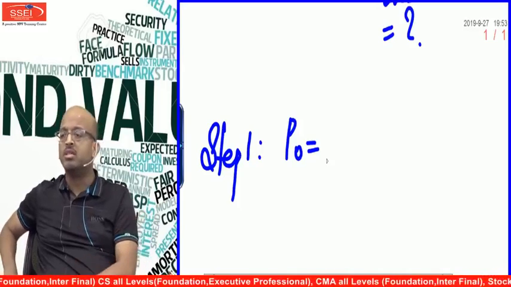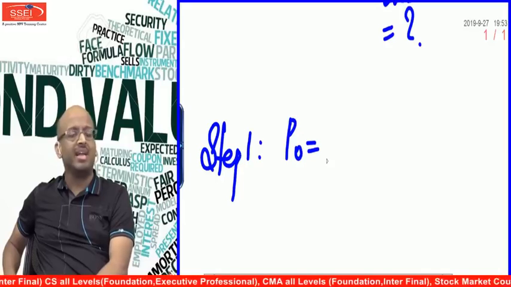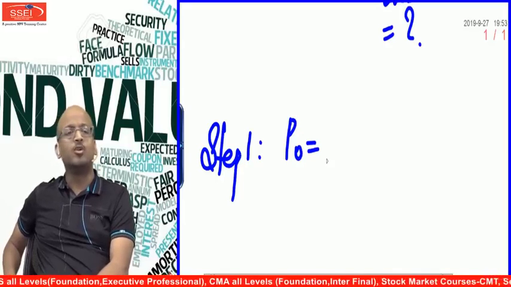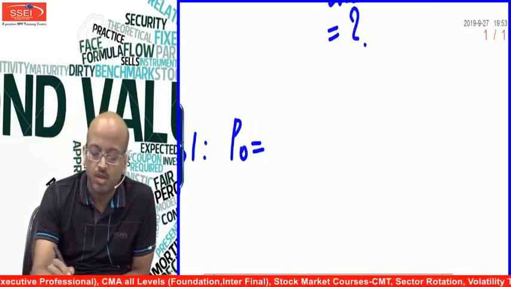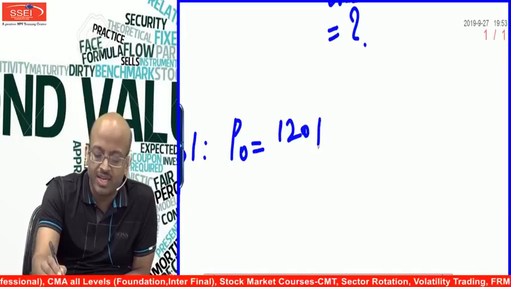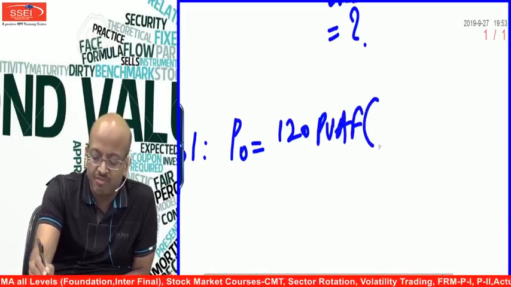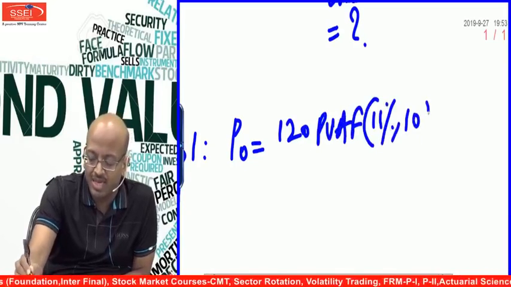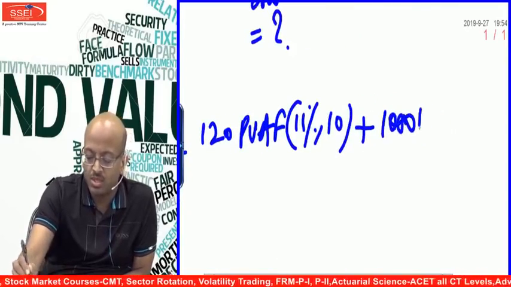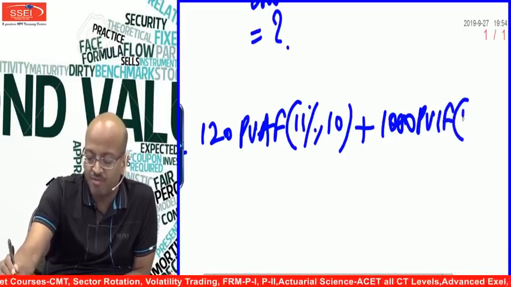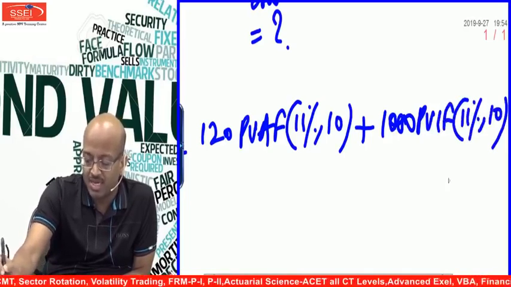It was a 10-year bond. Plus 1000 into PVIF, 11%, comma, 10.